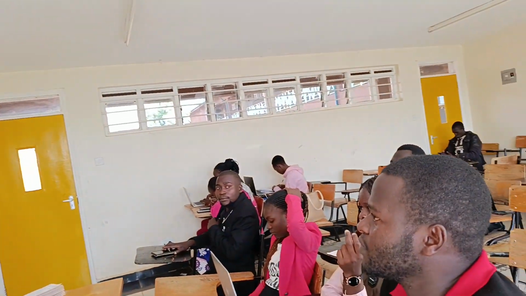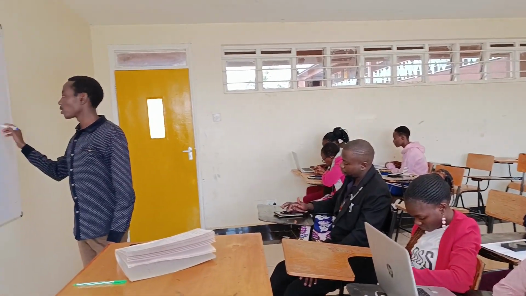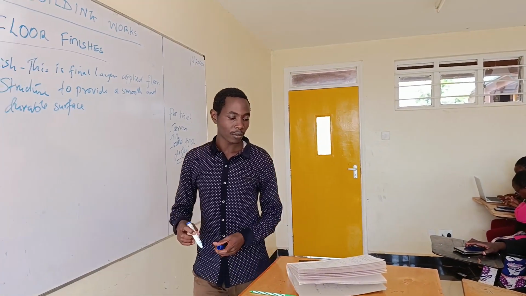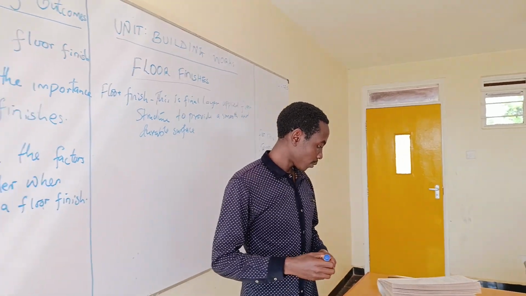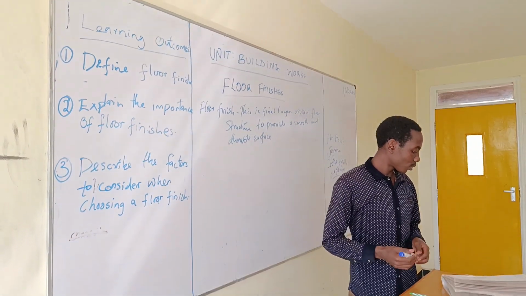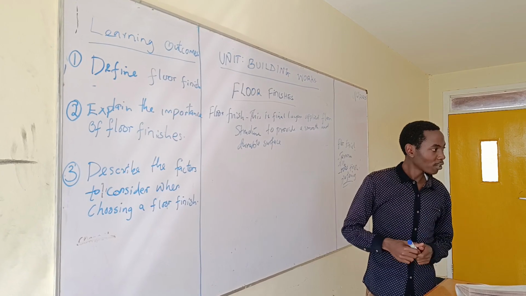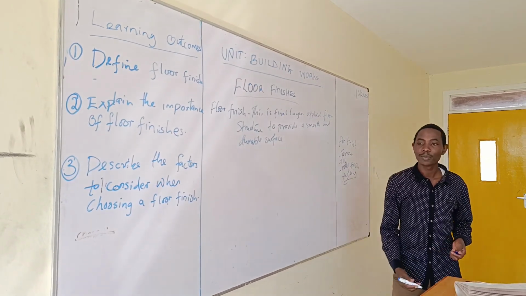Terrazzo. Tiles. Timber, let's say wood finish. These are just a few examples of floor finishes that we use as a final layer in any floor.